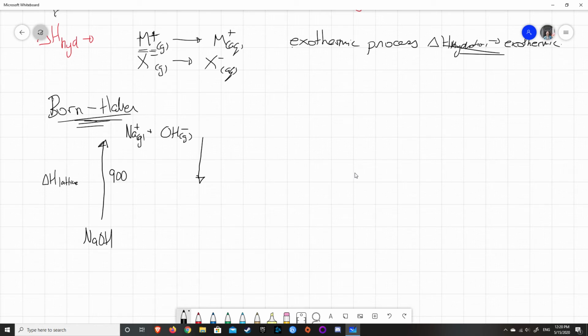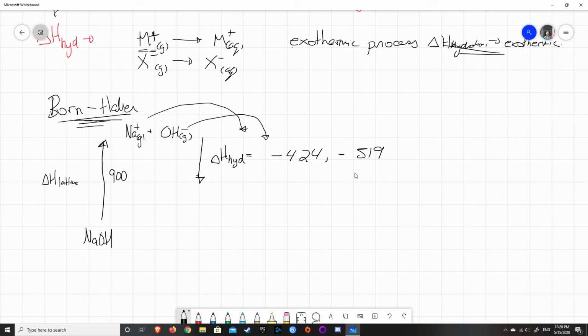And then now we've got sodium hydroxide. The energy drops, delta H of hydration. It gives us, as we need to hydrate both ions, we need to hydrate Na plus and we need to hydrate OH minus. And it gives us those as negative 424 and negative 519.